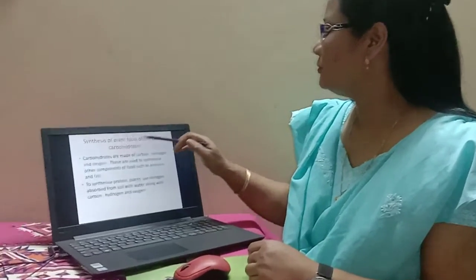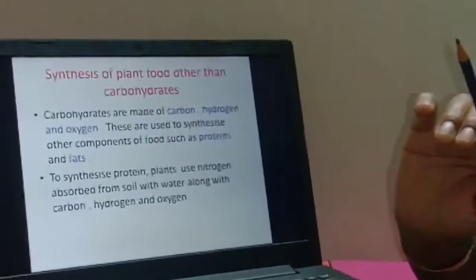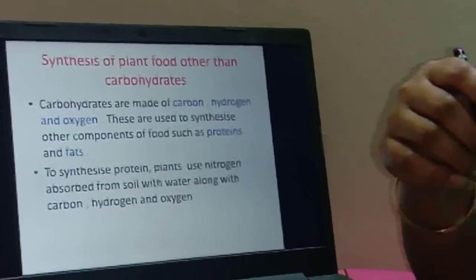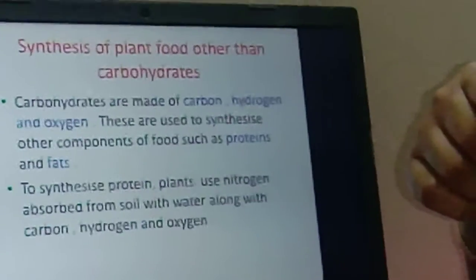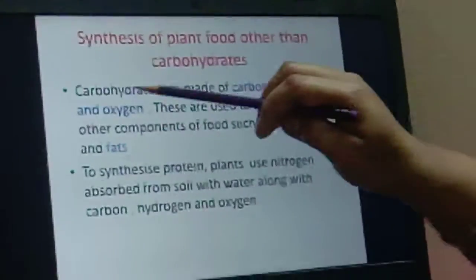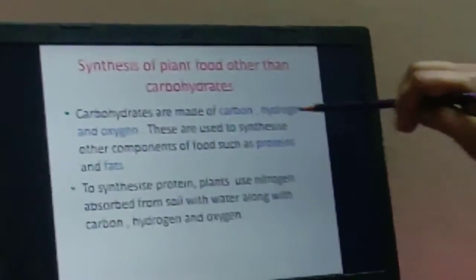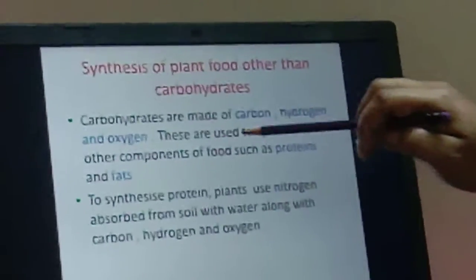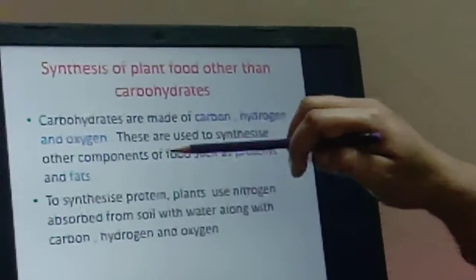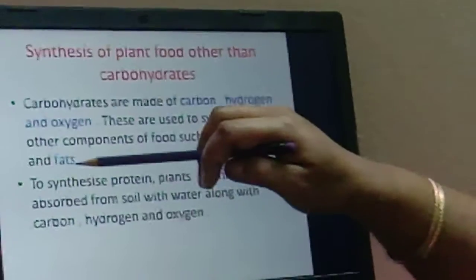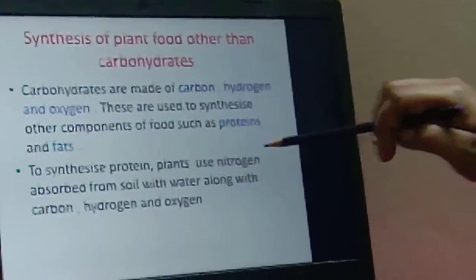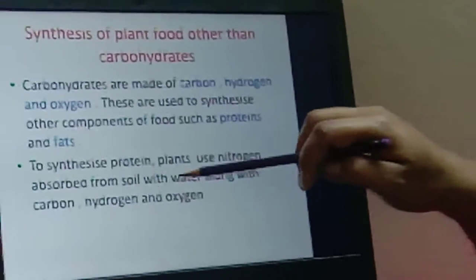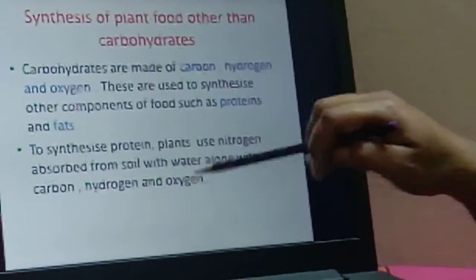Synthesis of plant food other than carbohydrates. So what are the foods other than carbohydrate that are produced by the plants? Carbohydrates are made of carbon, hydrogen and oxygen. These are used to synthesize other components of food such as proteins and fats. To synthesize protein, plants use nitrogen absorbed from the soil with water, along with carbon, hydrogen and oxygen.